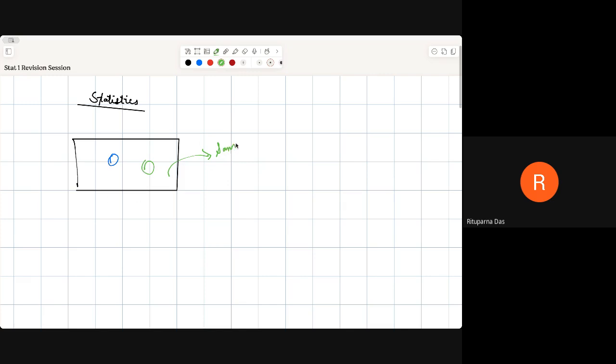Basically, the sample should represent the population correctly, so that we make correct inferences out of it. So the observations are correct. If the sample does not correctly represent the population, then our entire statistical analysis will get affected.